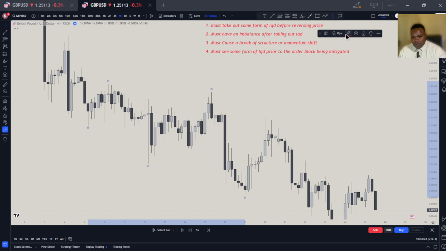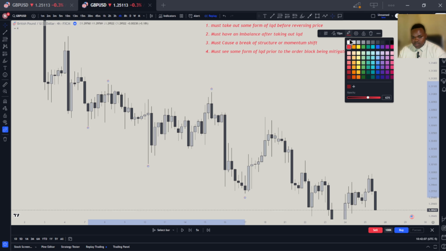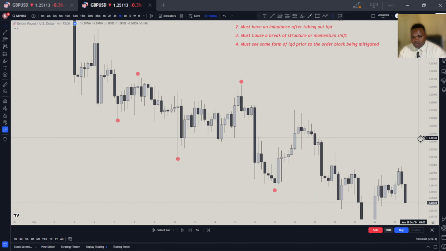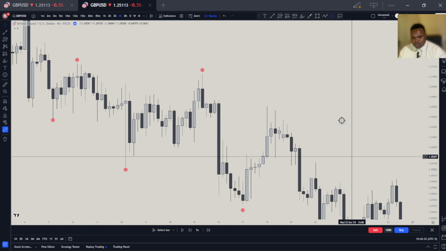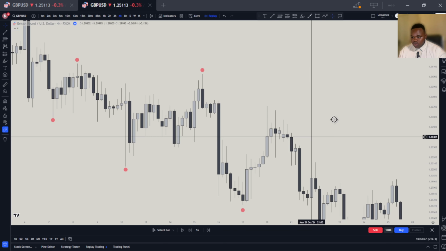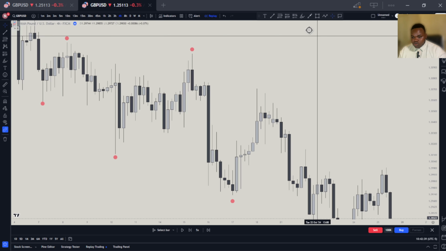When I say it must sweep liquidity, it must sweep maybe an internal structure high, or it can be a candlestick sweep, maybe the sweep of the previous candlestick high. So this is our lower low, lower high, lower low, lower high, lower low.